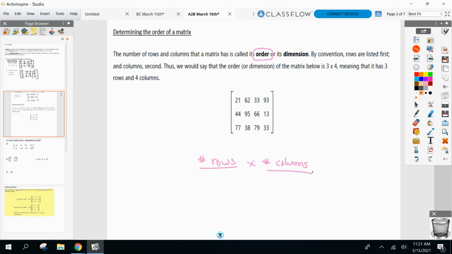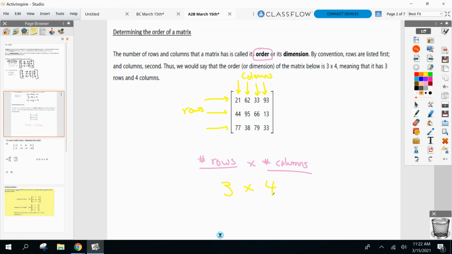How many rows it has. You always go rows first, columns second. Take a look at this matrix. Here are your rows, so there's 3 rows by, here are your columns up top, and I have 4 columns.